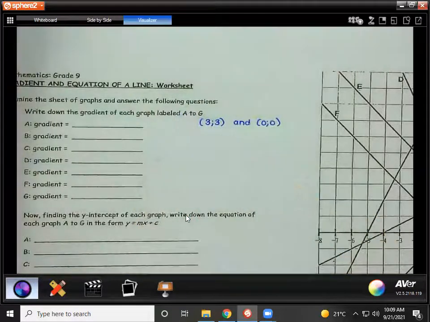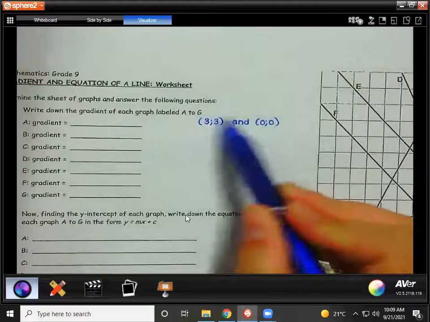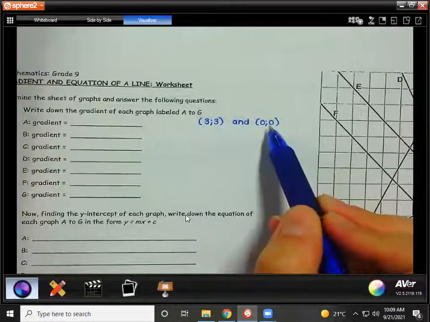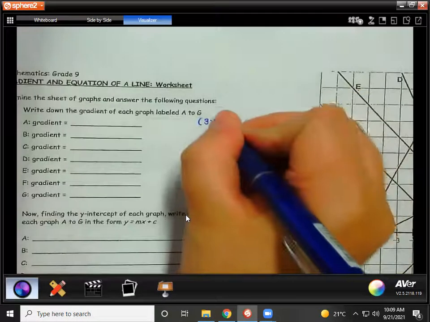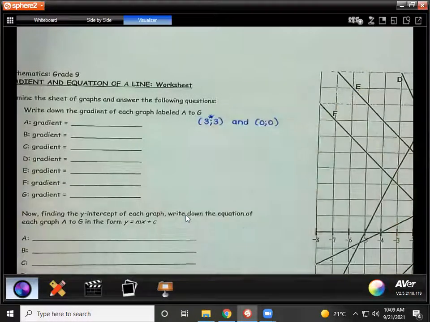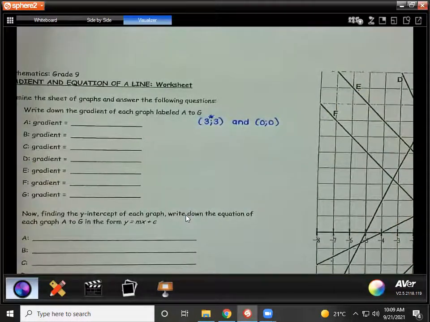Now let's calculate the gradient, guys. What do we do for the gradient? It's always y value of the one minus y value of the other over x value minus x value. Which one do you guys want to start with? 3, 3 or 0, 0? 3, 3. Let's make a little star above 3, 3 so that we know that we're going to take that y value first and that x value.